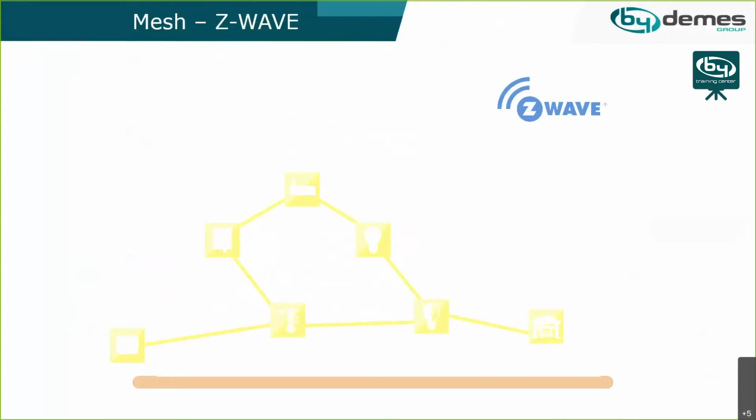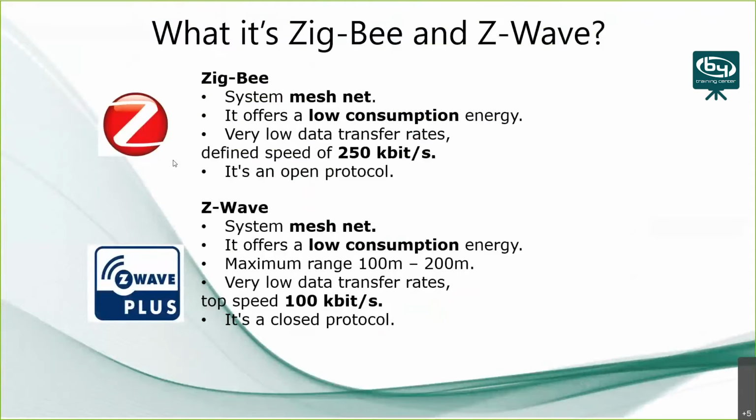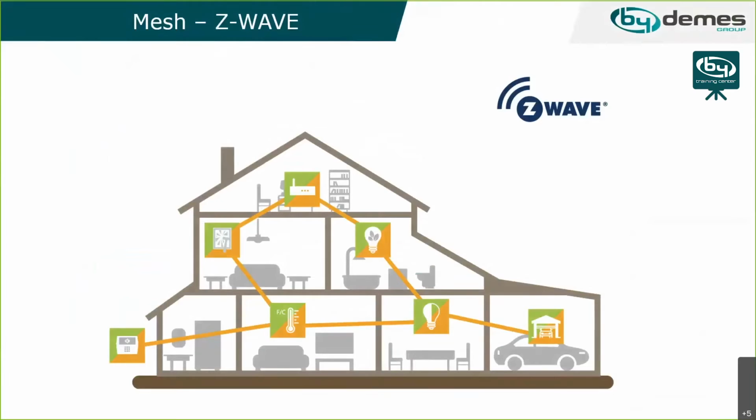And these two protocols have a limited range of between 100 and 200 meters, but they allow you to communicate in mesh. What that means is, if we have, for example, one light bulb 100 meters from the panel, here is the panel, and here one light bulb.